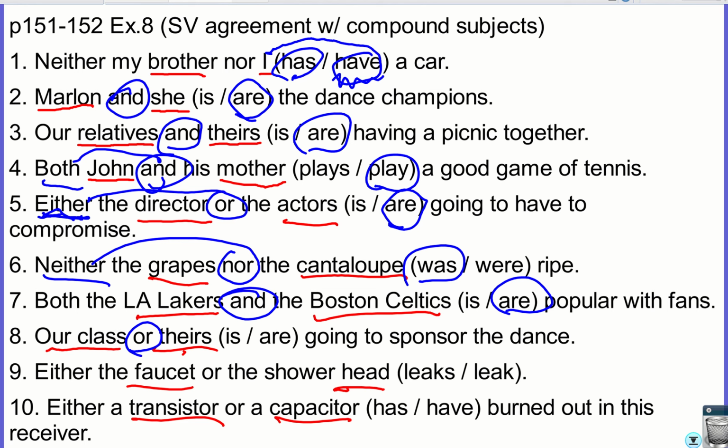We have to ask ourselves what it's referring to. It's referring to their class, so that's still a singular thing. So our answer is going to be is. Number nine, faucet or shower head leaks, singular again, and transistor or capacitor has, again with a singular verb.